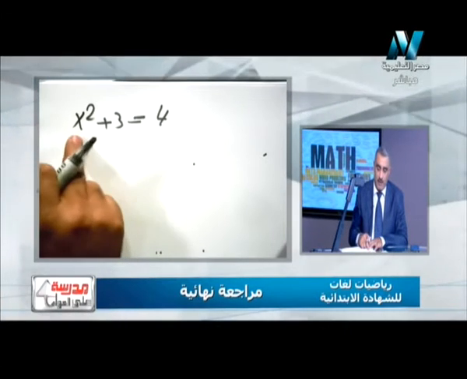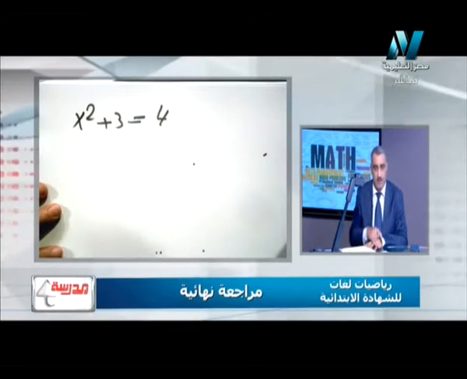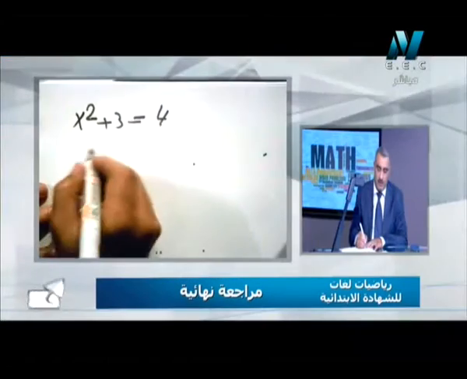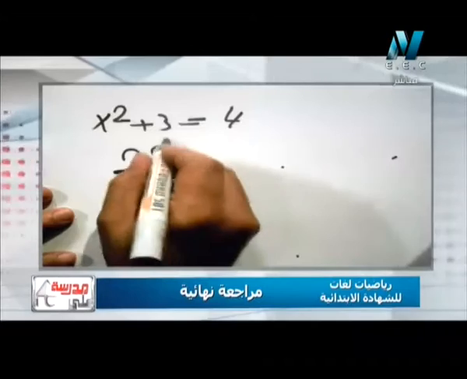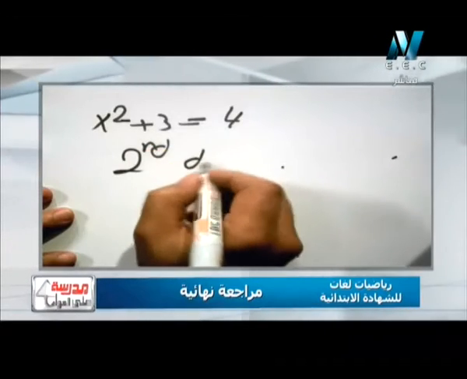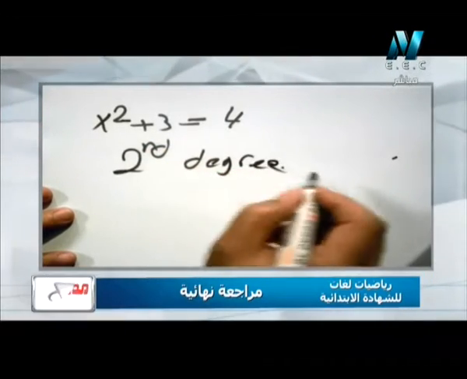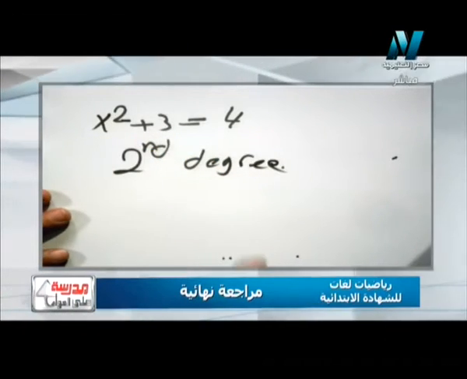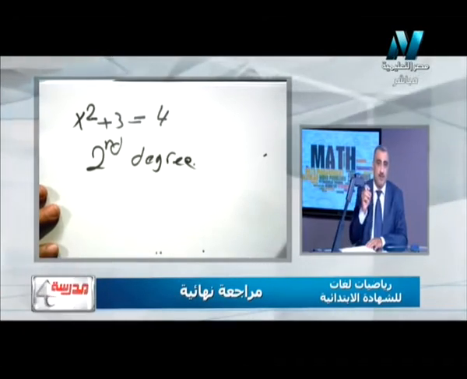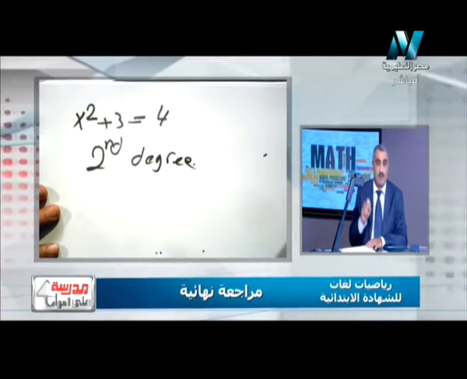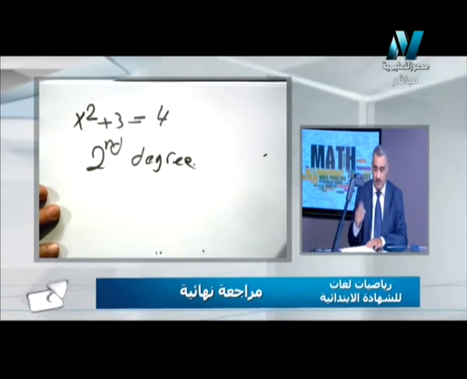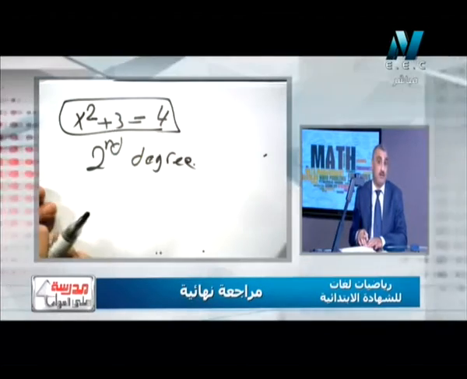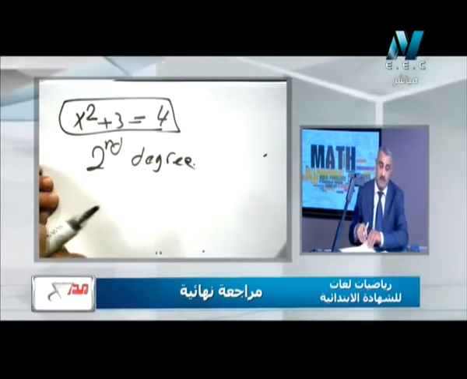The unknown of the equation is x. What is the highest power of x? Excellent. The highest power is 2, so the degree is second degree. This equation, x power 2 plus 3 equals 4, the highest power of the unknown x is 2, so we consider that this equation is of the second degree. So easy question.